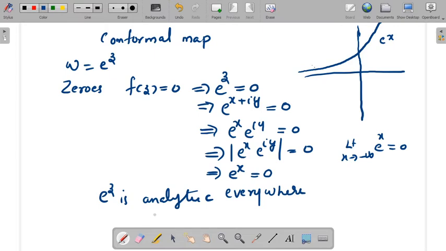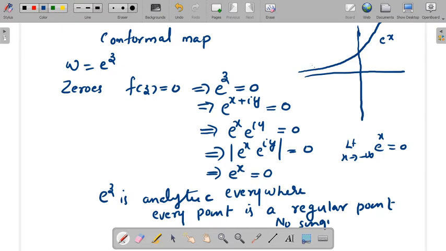And as e raised to z is analytic everywhere, every point is a regular point. Regular points are points where the function is analytic. And if every point is a regular point, this function has no singular points. Singular points are those where the function ceases to be analytic. So the function has no singular points and every point is a regular point because it is an entire function.